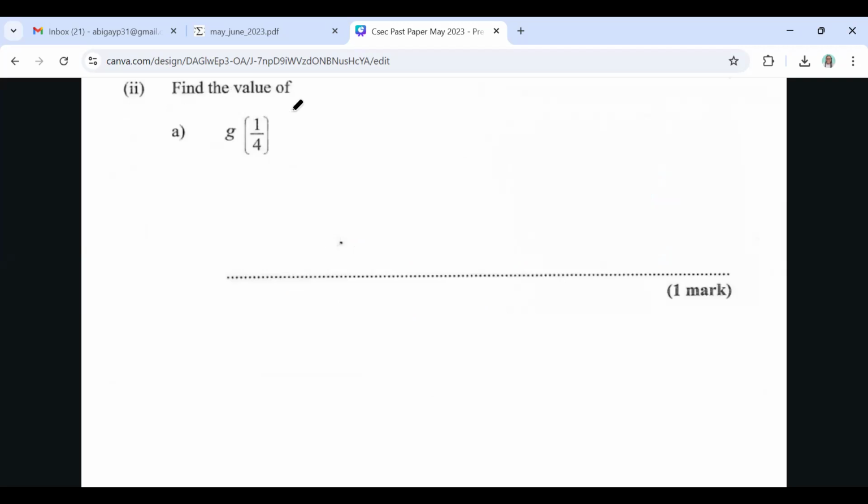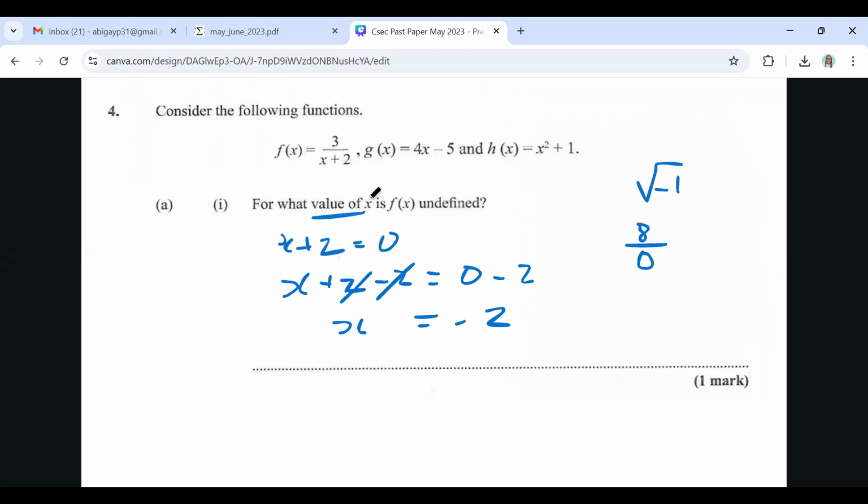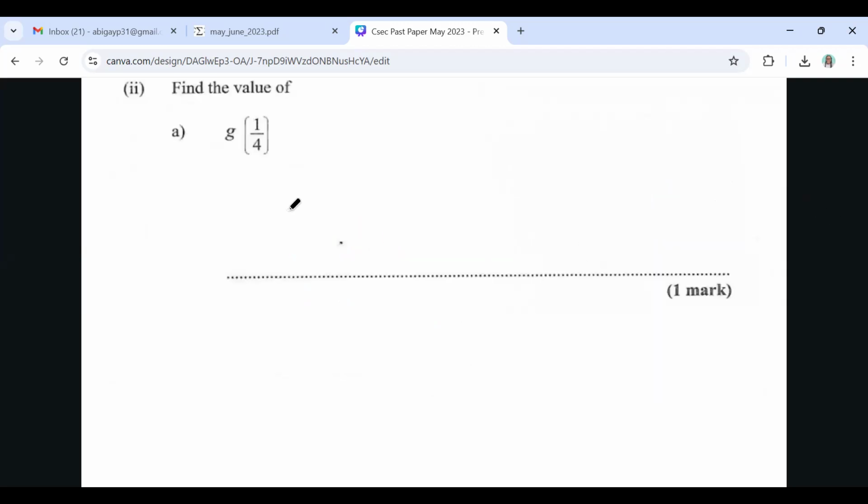All right, so find the value of g of 1/4. This is g, so what you're going to do is substitute 1/4 for x. Wherever you see x, you substitute.